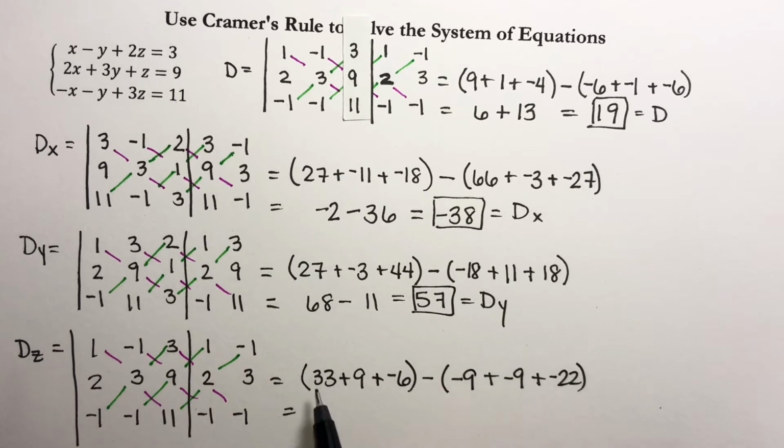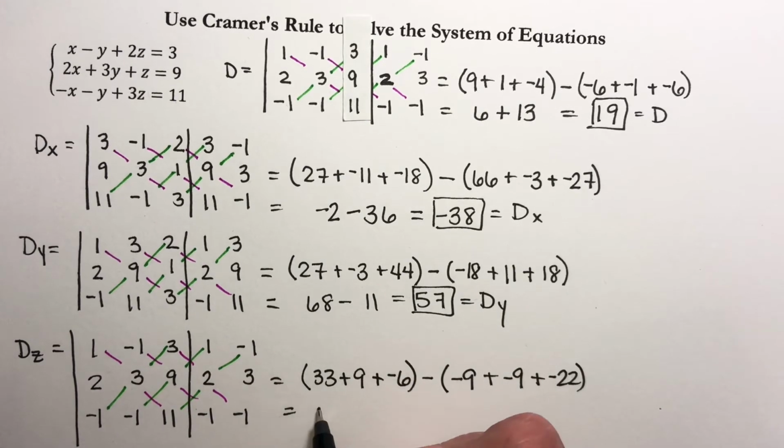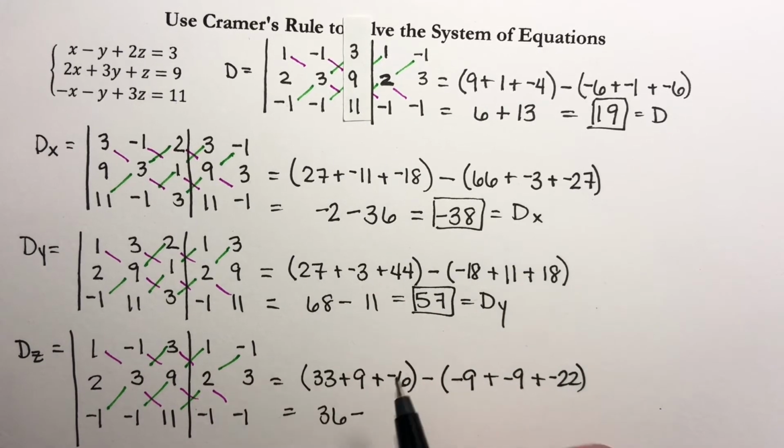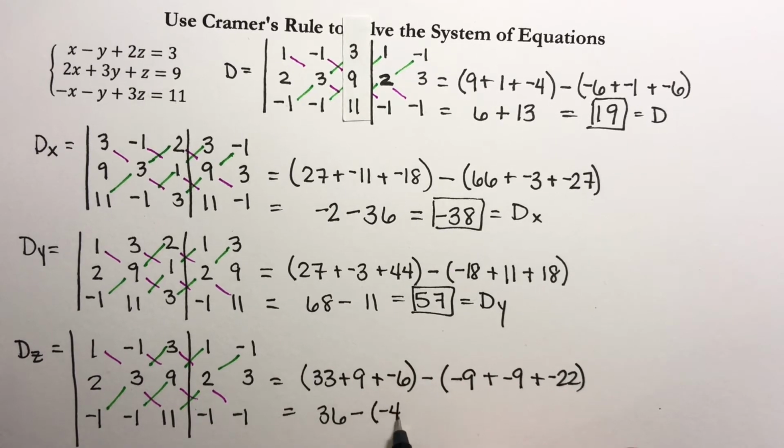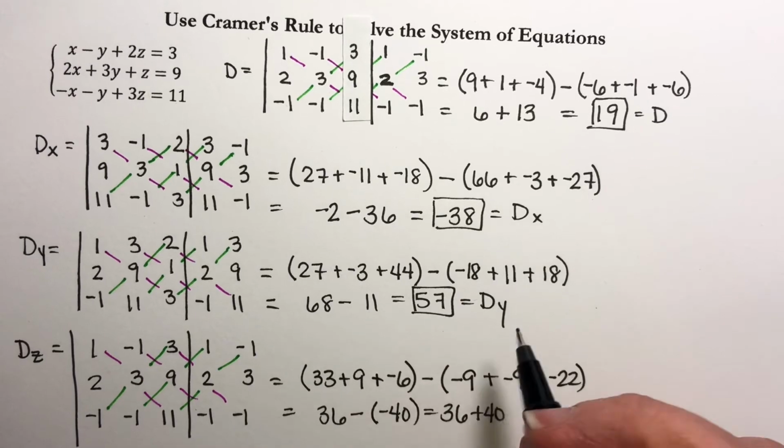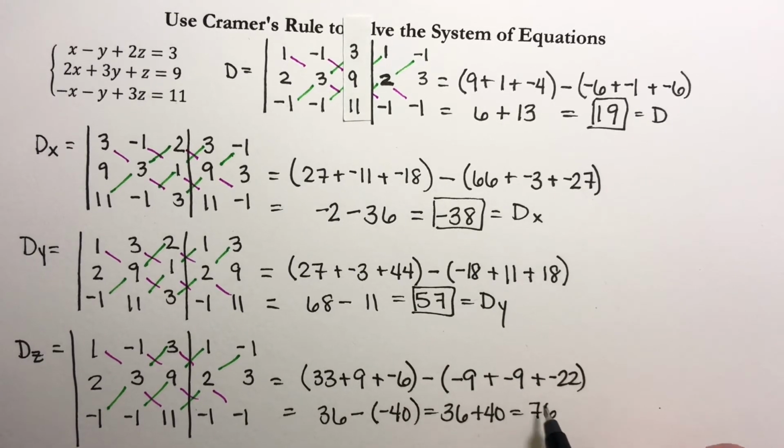So if you do your calculations here, you get 36 minus a negative 40, which is of course 36 plus 40, which gives me 76. And this is my dz.